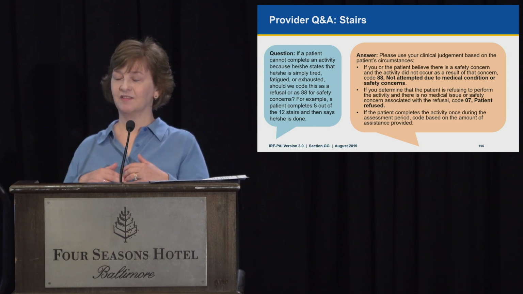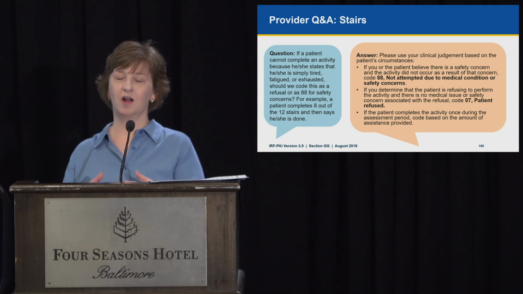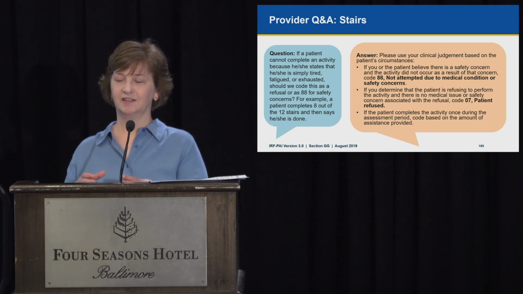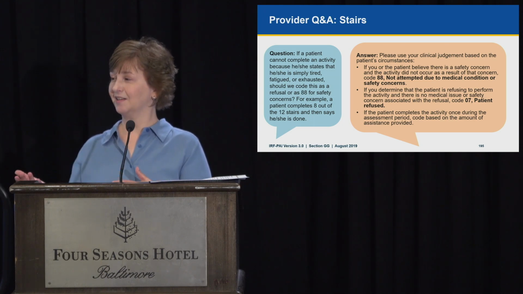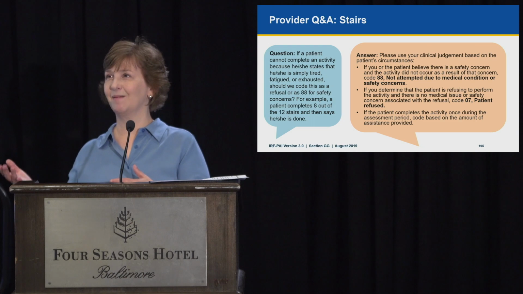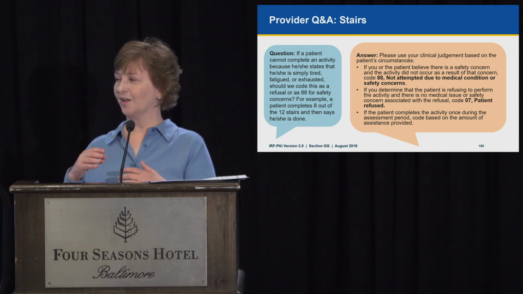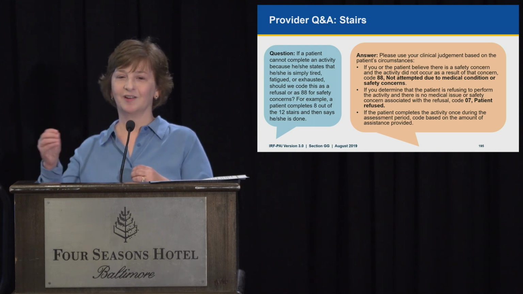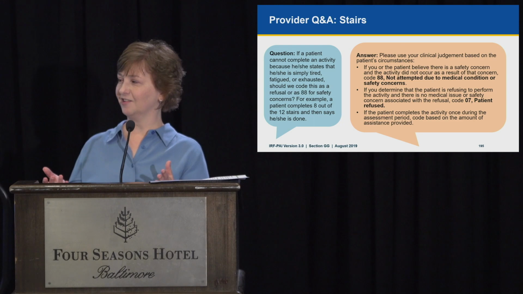And so in the instance where the activity cannot be completed, let's say the person can only walk 100 feet, we would say the activity was not attempted, or one of the activity not attempted codes would be used because the activity wasn't completed. And if an activity wasn't completed, I'm not in a position to know who did more than half of the effort.